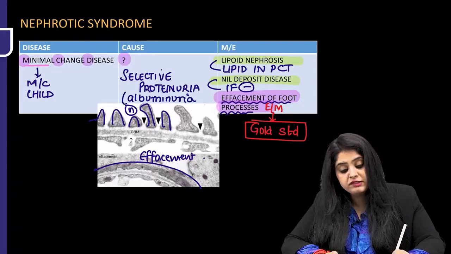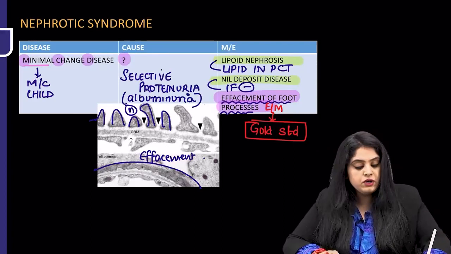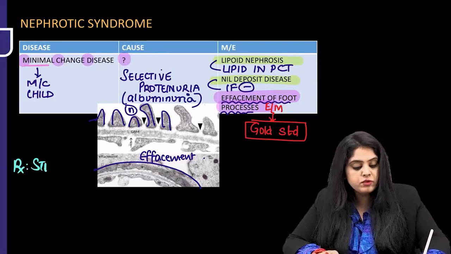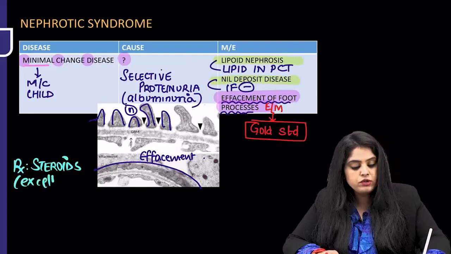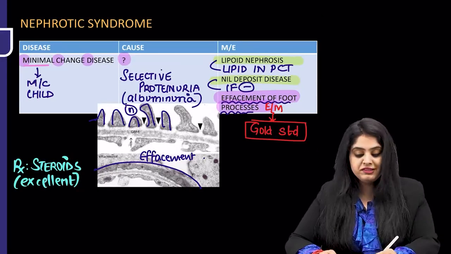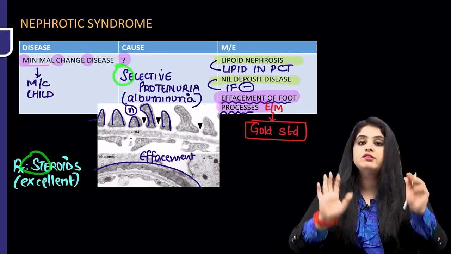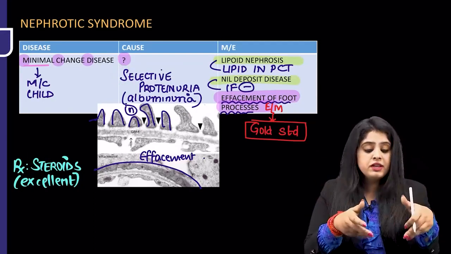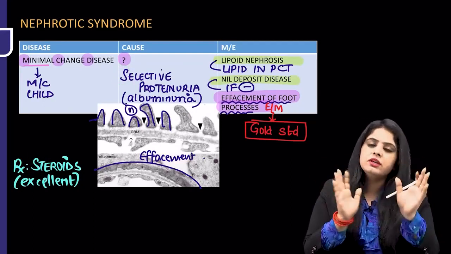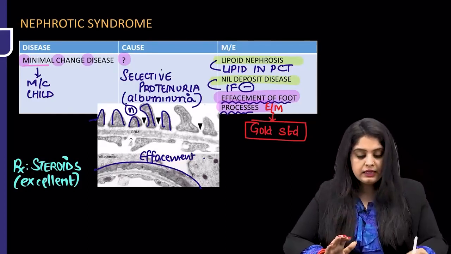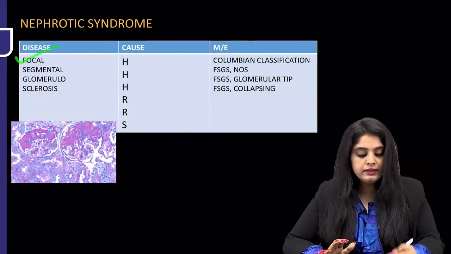So this is a kind of selective proteinuria. And we all know that whenever we have selective proteinuria, steroids are going to be the treatment of choice. Steroids are going to give you an excellent response. So this 6-10-year-old kid is going to be fine. Kid is done.